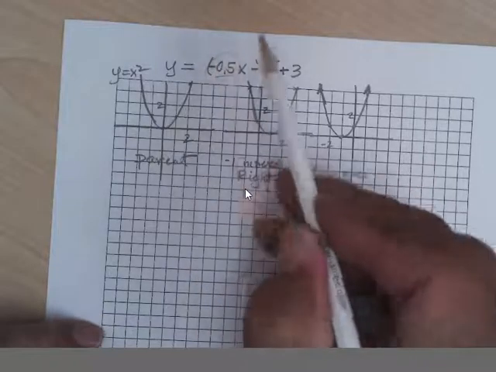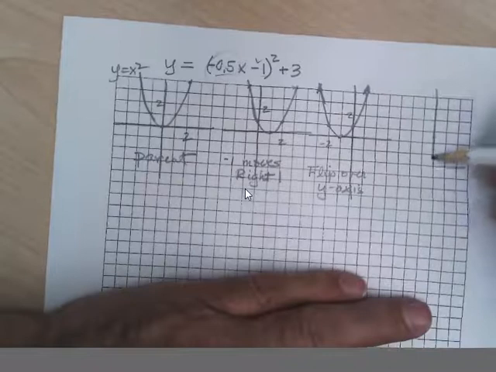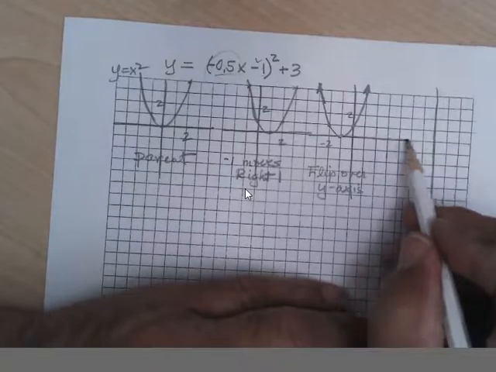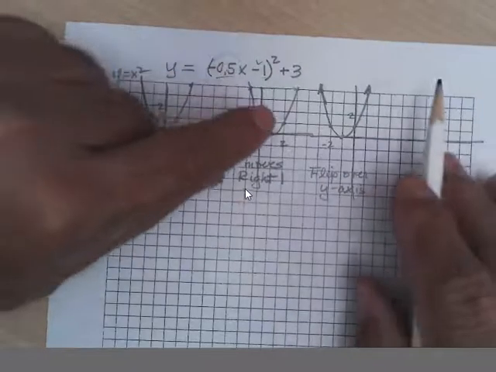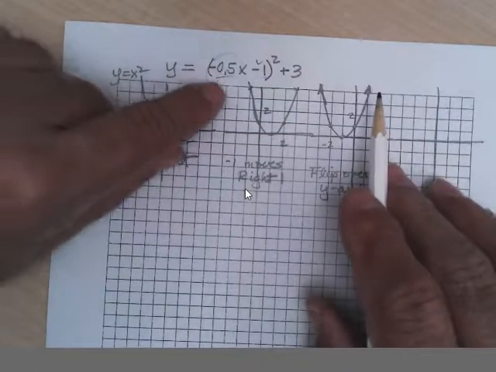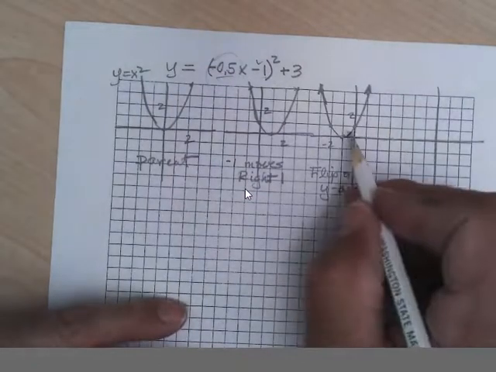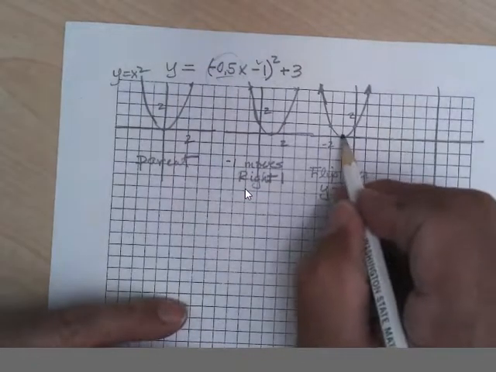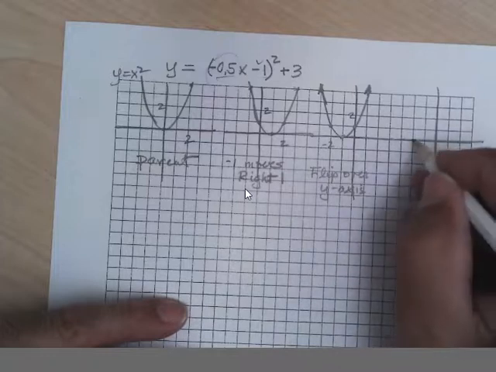So I've taken care of the minus, but now I got to take care of the 0.5. So the 0.5 seems like it would make it half as far from the y-axis, but it's backwards. It makes it twice as far. So this point is -1 from the y-axis, so it goes to -2.